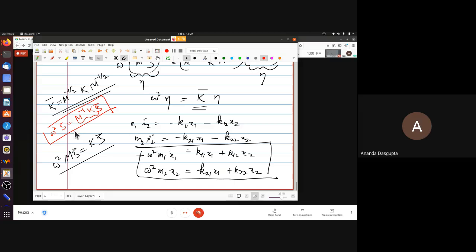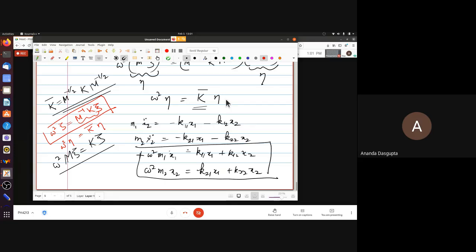However, what I'm claiming is that instead of doing that, you find the eigenvalues for this matrix k bar, which is given by m to the minus half k m to the minus half. What is the matrix raised to the power minus half? In this case, it's pretty trivial. All you do is take all the masses, take their square roots, and form the reciprocal.